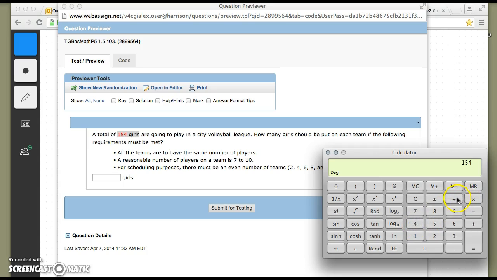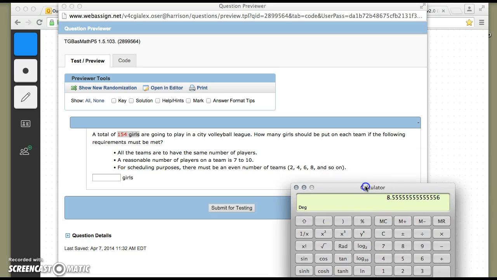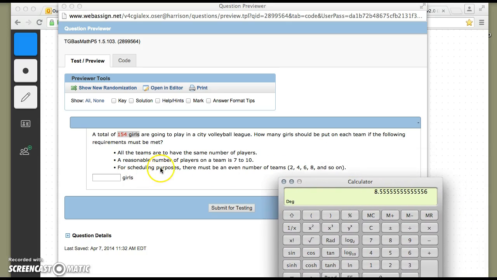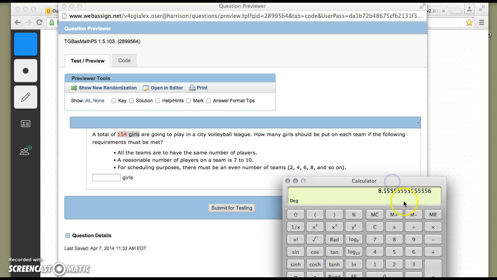Let's try a number like 18. Once again we have a decimal here, so that means there is a remainder. Oh, and something I'm just realizing that I wasn't paying attention to: it says there must be an even number of teams. So all the numbers we should be dividing by here should be even.